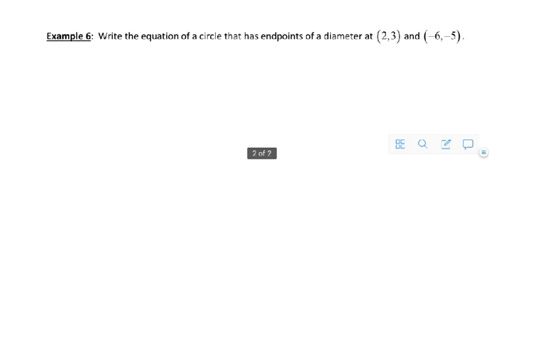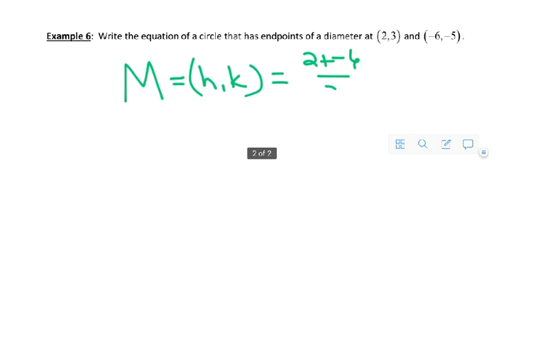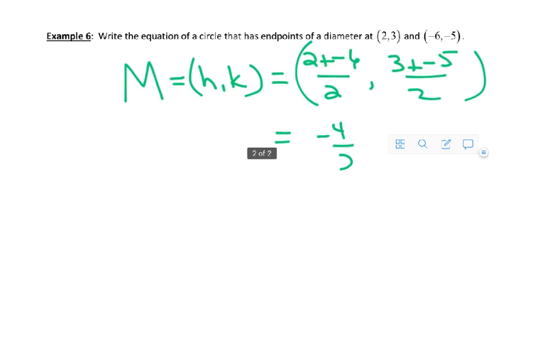The center has to be the midpoint of those two endpoints of the diameter. So if I use the midpoint formula, I'm going to find h and k. The midpoint formula: add the x's, divide by 2, add the y's, divide by 2. So negative 4 over 2 and negative 2 over 2 reduces to negative 2, negative 1. So I know h and k.